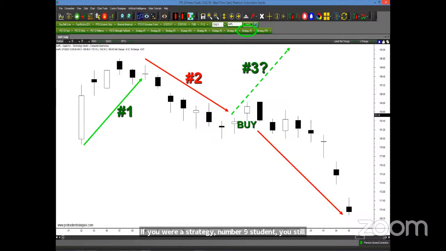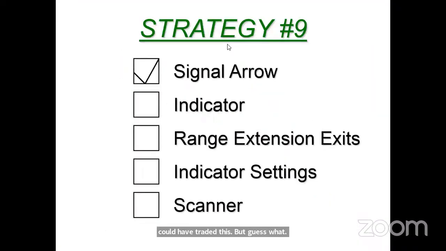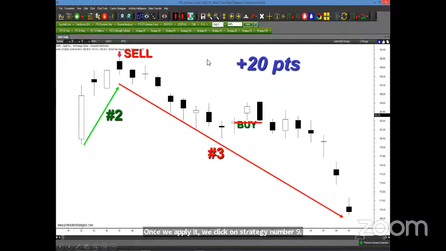Once we click on strategy number 9 and signal arrows, we would have seen that this was actually not phase 1, but phase 2. This little bounce was the selling opportunity. In fact, at the very high, strategy number 9 generated a sell signal where you could have taken advantage of phase 3 and potentially captured 20 points in just about 2 or 3 weeks to the downside. And you never would have bought right here.